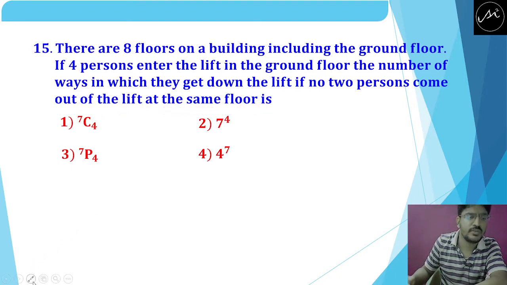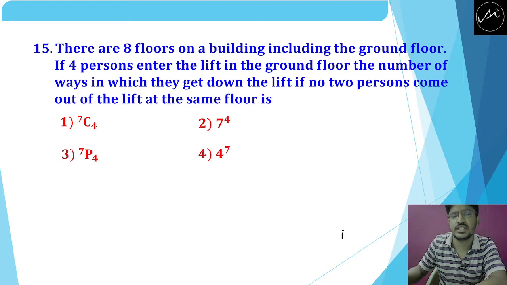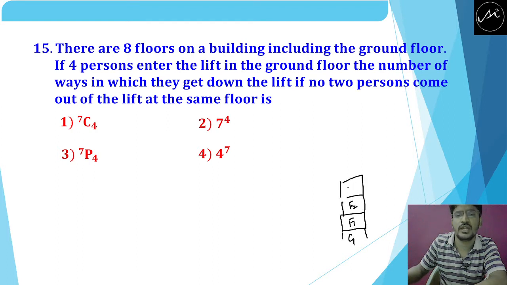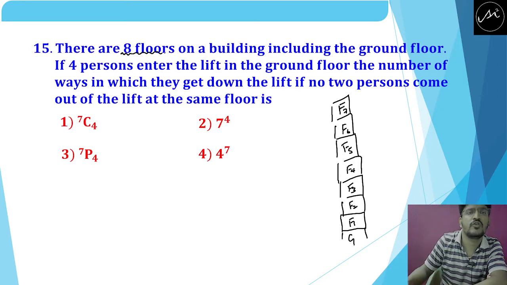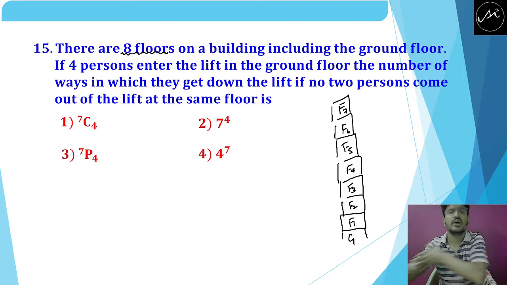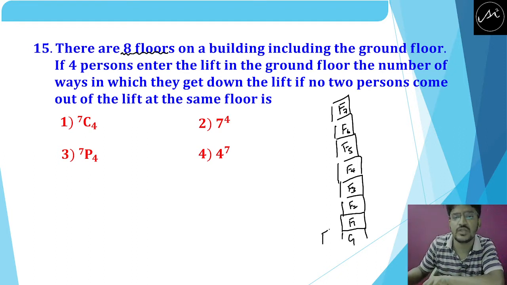So you just see here there are 8 floors. Let us take this is the ground floor G, this is F1, F2, F3, F4, F5, F6 and F7. Including the ground floor there are 8 floors, and 4 persons enter into the lift. So there are 4 persons inside this lift.